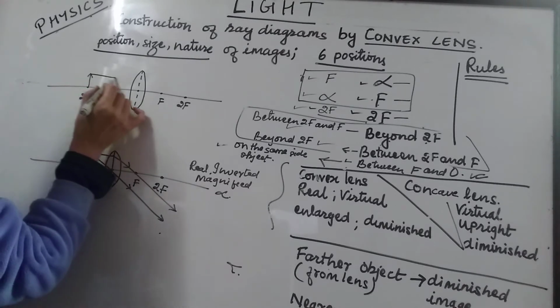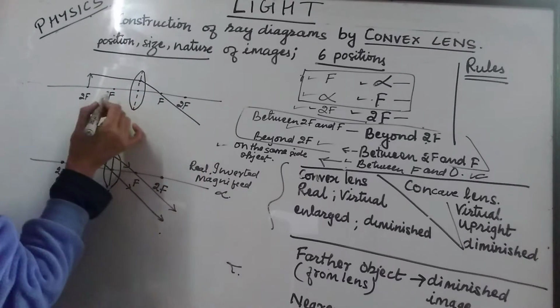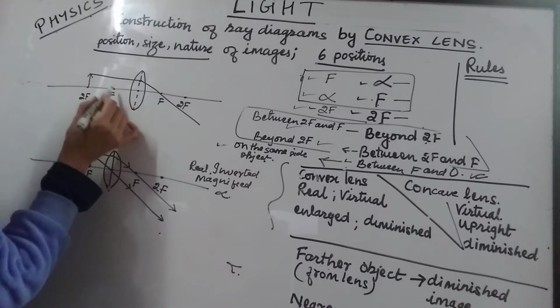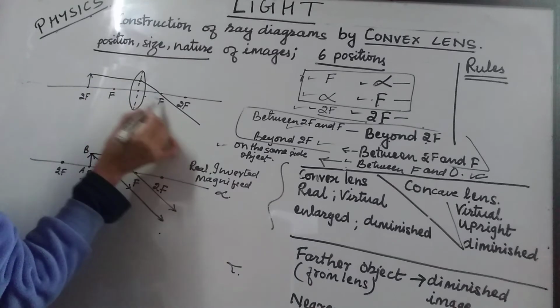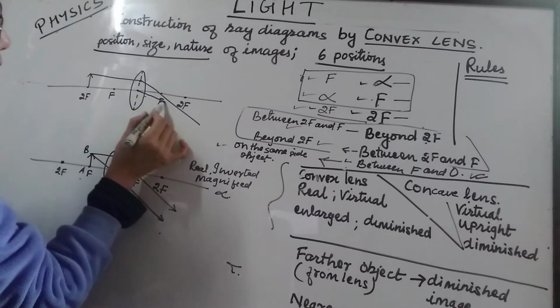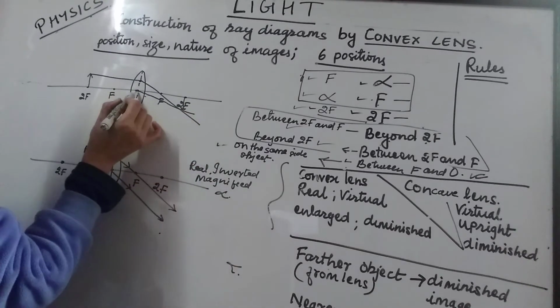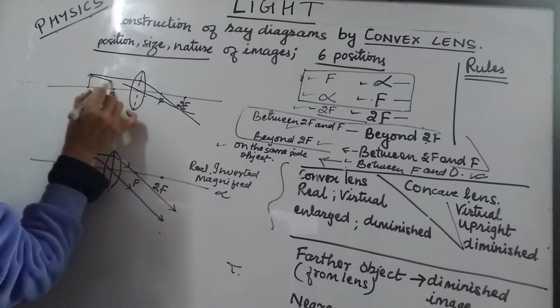Consider 2 rays of light from here, bending right from this point and going through the focus, and another one from the optical center. Make them cross right at 2F, and it is meeting over here.